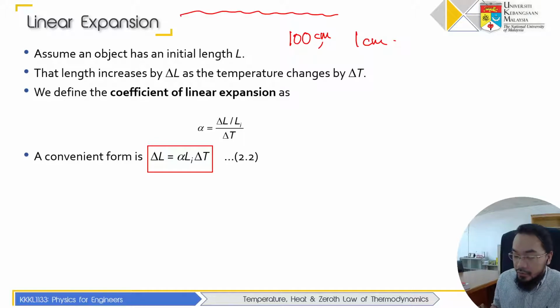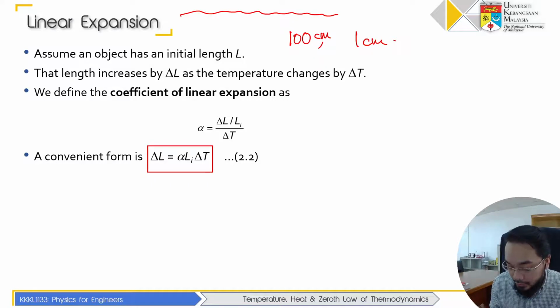If you apply any change in temperature, the expansion of the length is much more than the expansion of the width, so the expansion of the width can be neglected. You approximate the expansion with linear expansion, whereby we just look at the change of the length.